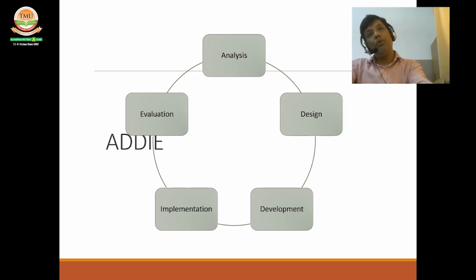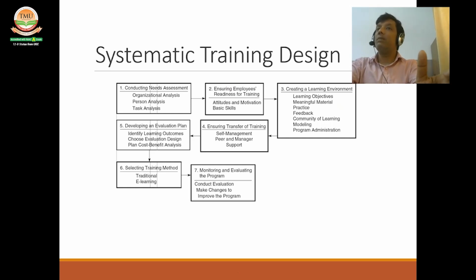All those 5 points, and what I told you in my previous slide about systematic training design, have to be kept in mind very clearly, because unless you do, you will not be able to design systematic training sessions for your employees.